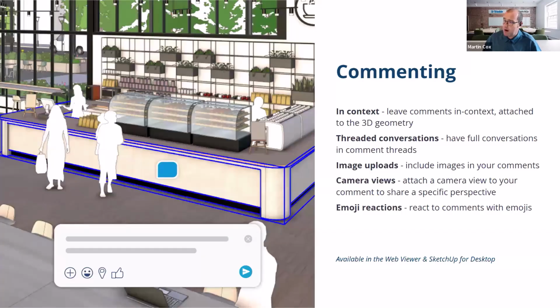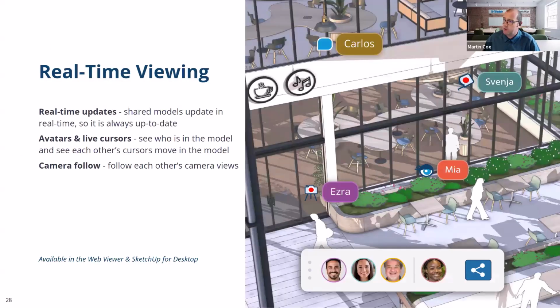So, we're talking about commenting. It's in context, so you will see these comments coming in live. You will see where people are within the model, and you can include images within comments as well as camera views and reactions within this live collaboration.